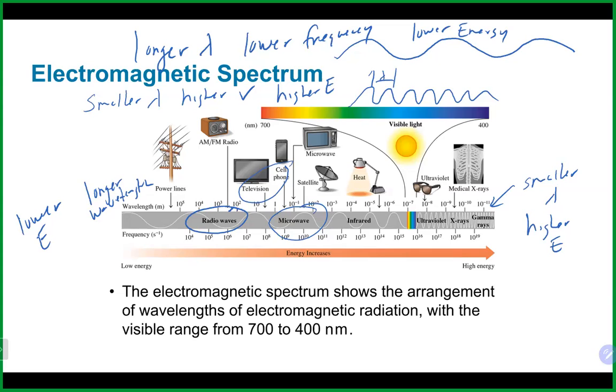Next, we have infrared, which has a smaller wavelength, even more energy. That is the part of the spectrum where we feel heat and energy. Next, we have the visible part of the spectrum, which even with the colors has different energies.